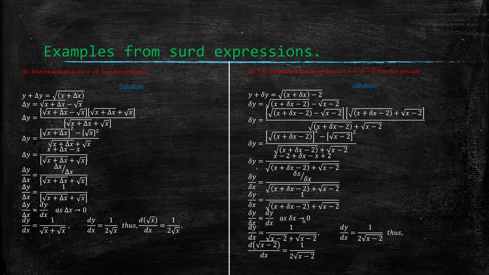Remember when we take limits, this one here is going to go to 0 such that you remain with x minus 2 there, such that these two are similar. When they are similar, that means we can merge them as 1. And therefore our dy/dx is going to be 1 over 2 square root of x minus 2.